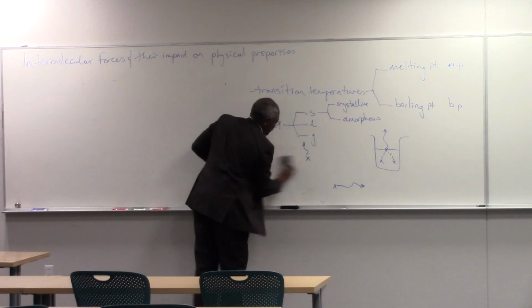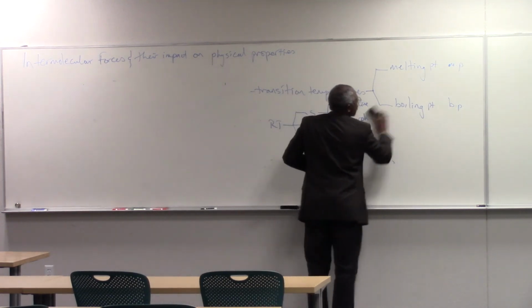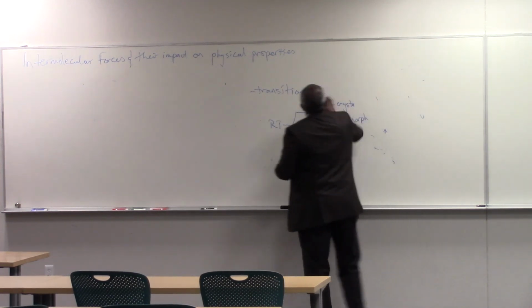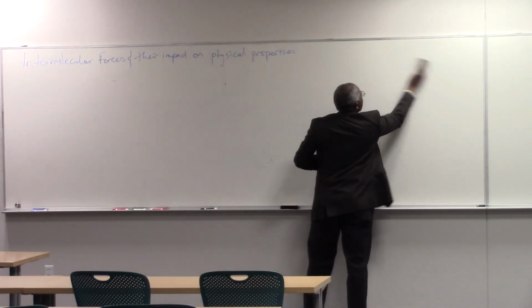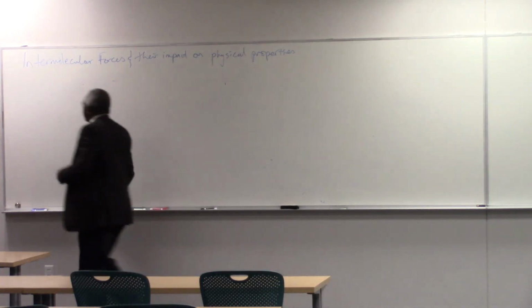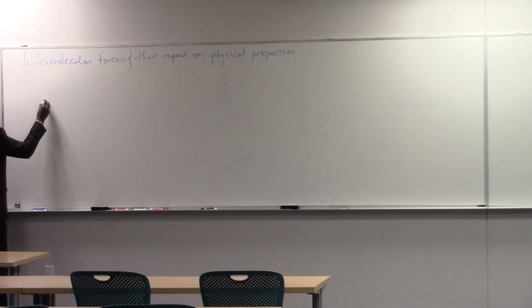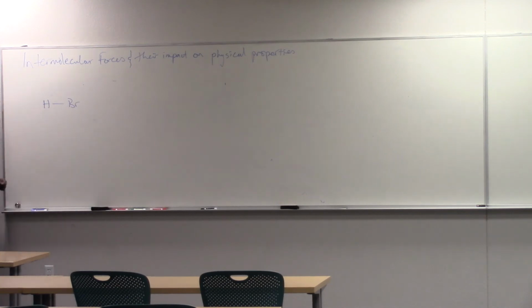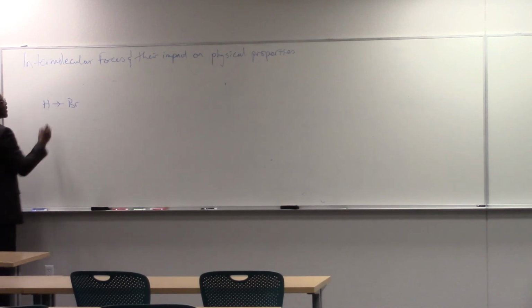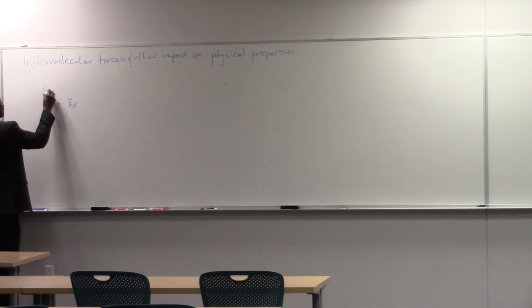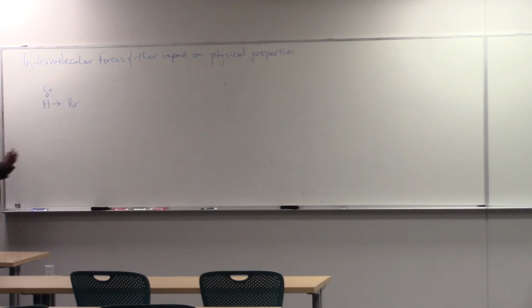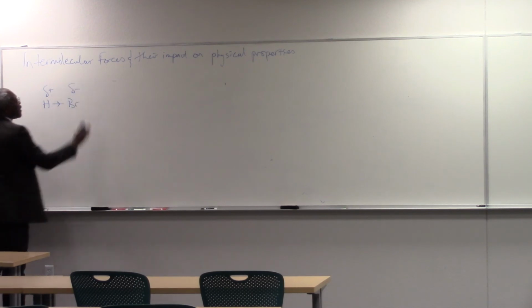And I'll start with an example that I had written on the board earlier, which is, let's say, HBr or something. So if I look at a simple molecule like HBr, there is a dipole moment about the molecule that arises from the difference in electronegativity between H and Br, creating a positive dipole on the H and a negative dipole on the Br.